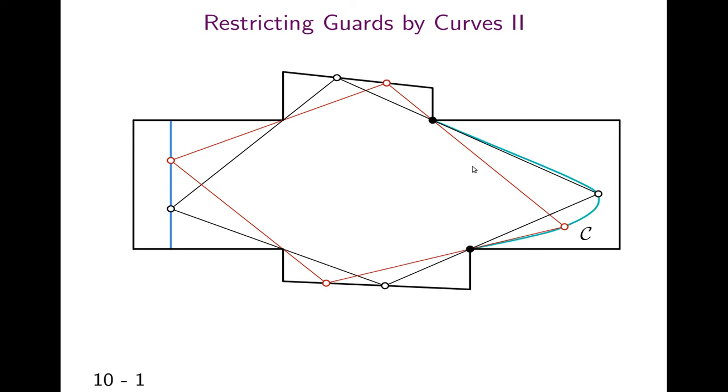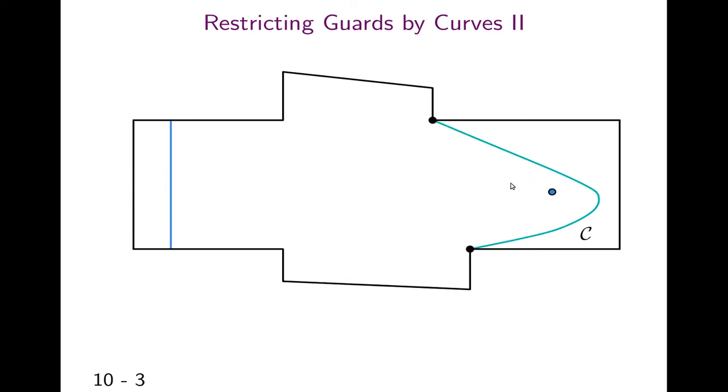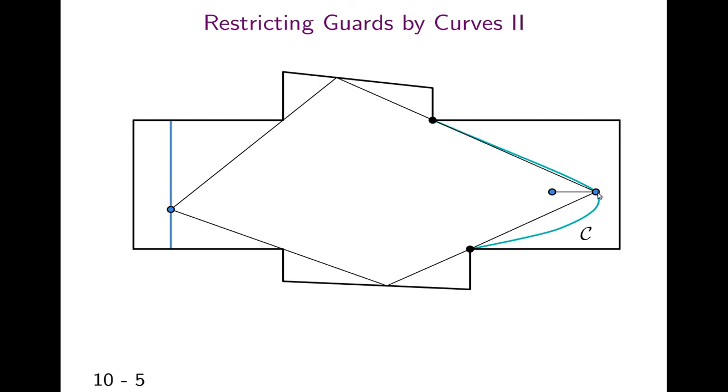But what I want to show you now is that if we're to the left of C, then there's a placement of a guard on this line such that the two guards together see the two pockets. So how do we do this? We project this guard onto the curve C. Now it sees less, right? So we are in a more difficult situation.